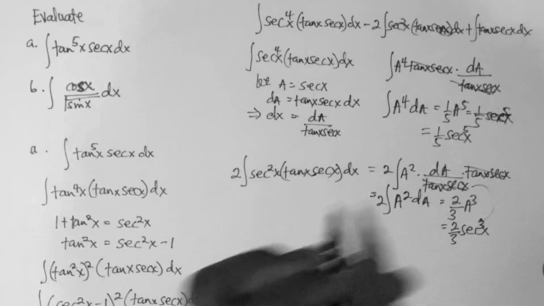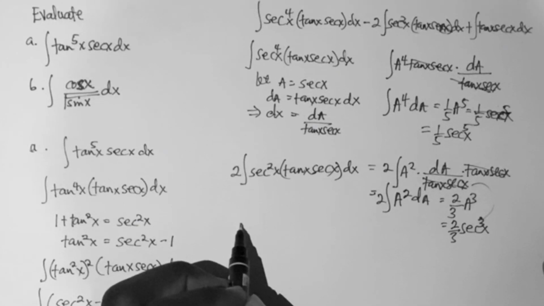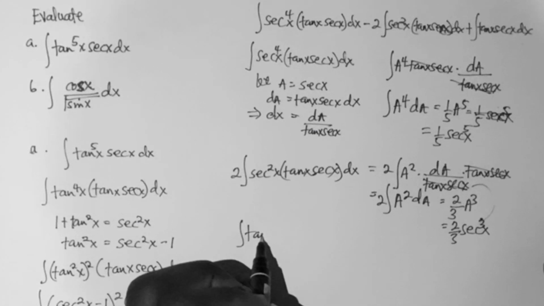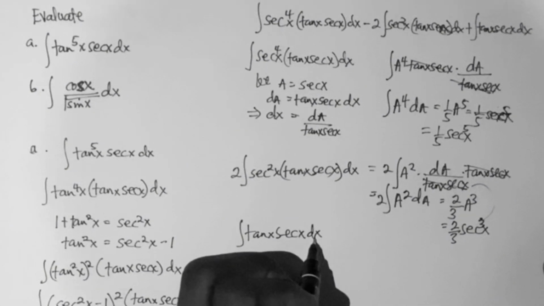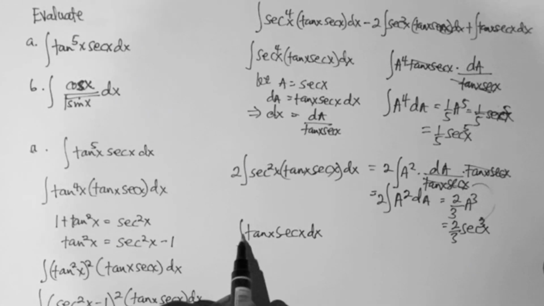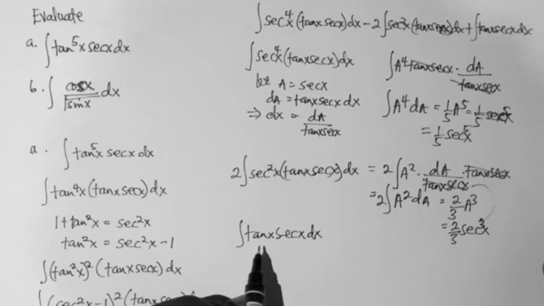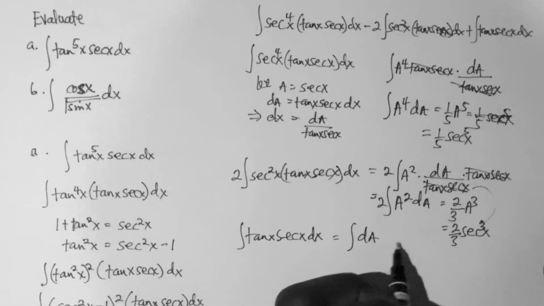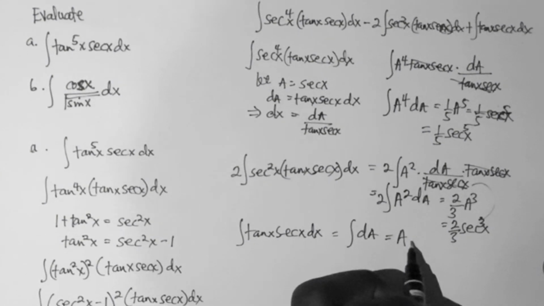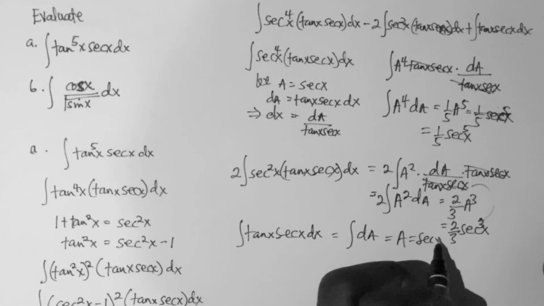And then now let's do the last one, which is integral of tan x sec x dx. So you see that all of this is da. So this is equal to integral of da, and that is equal to a, but a is sec x, so this one will give us sec x.